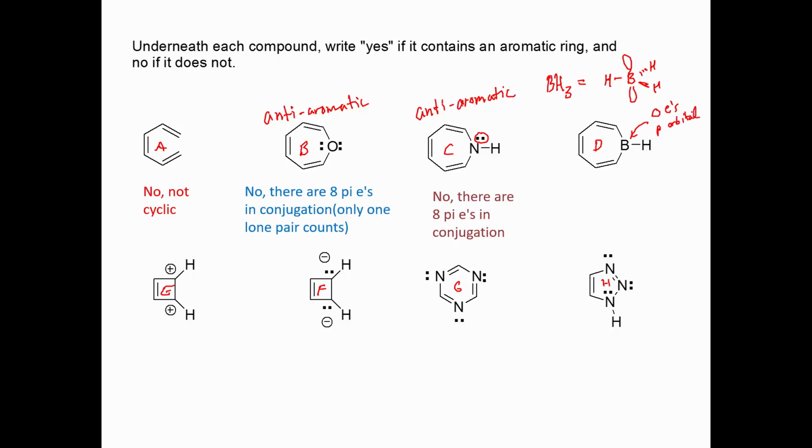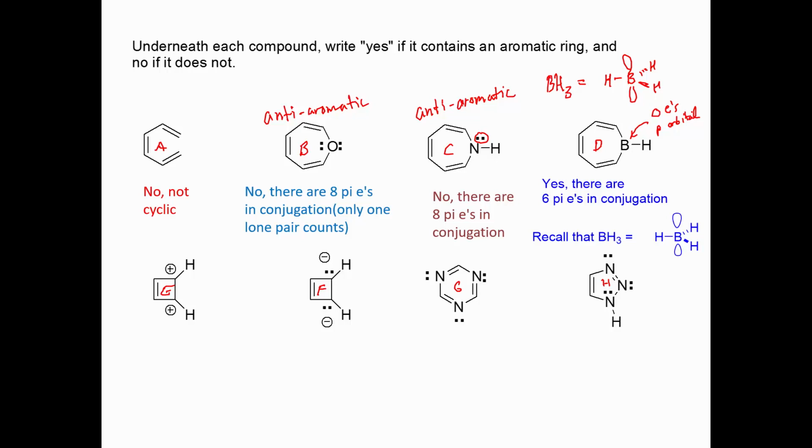Since we have the p orbital, we now technically have conjugation all the way around the ring system. And since that p orbital has no electrons in it, the electron count comes out to be 6. So we'd have to say yes, this is in fact an aromatic compound.